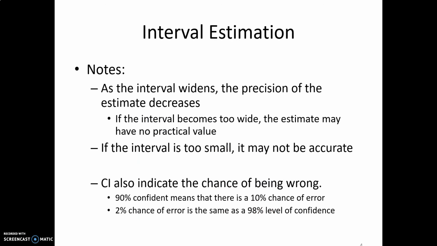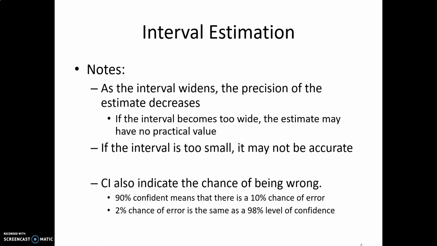So a couple notes about the interval estimation. As the interval widens, the precision of the estimate decreases. If the interval becomes too wide, the interval being that plus or minus number, the estimate would have no practical value. And likewise, if it's too small, it may not be accurate.